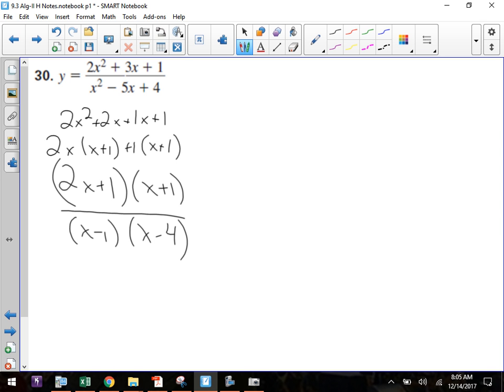So just by factoring that right away, you now know where your x-intercepts are, because they'll be at the zeros of the numerator. And you also know where your vertical asymptotes are going to be, because they are the zeros of the denominator. So we start. Vertical asymptotes, 1 and 4.